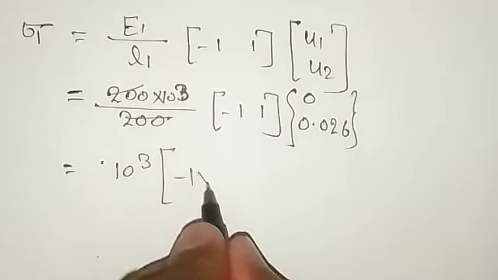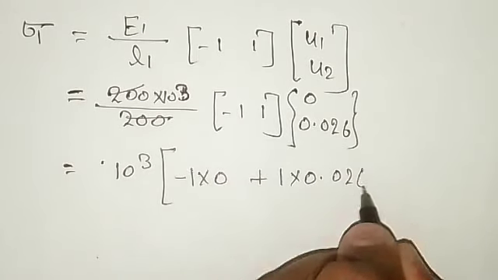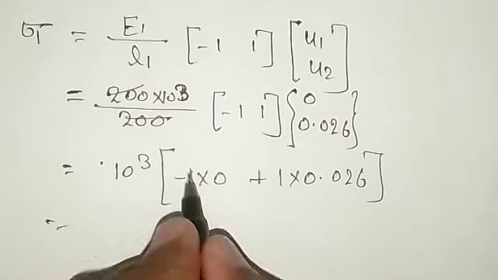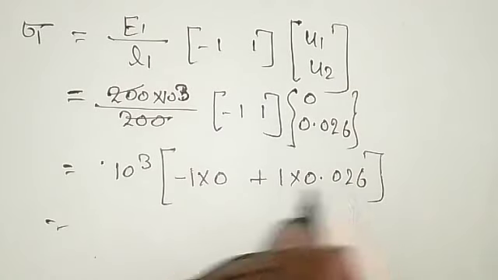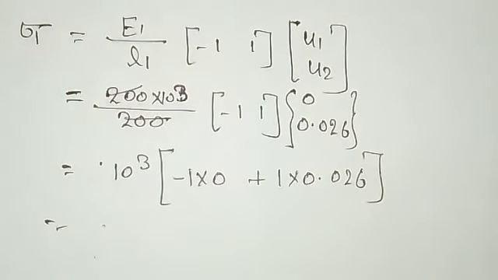So it is minus 1 into 0 plus 1 into 0.026, so 0.026 into 1000 gives 26.